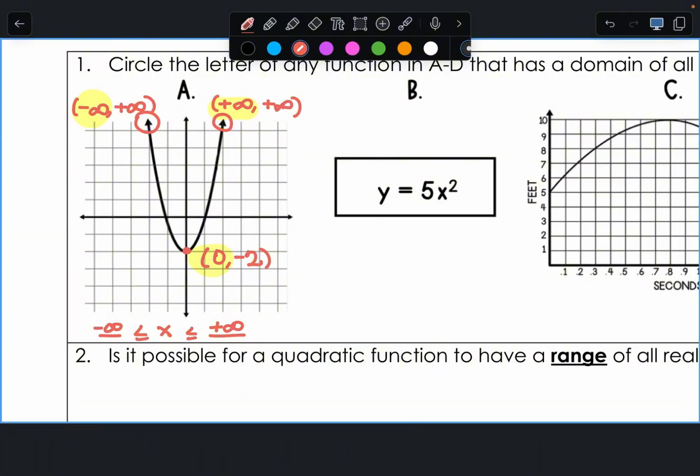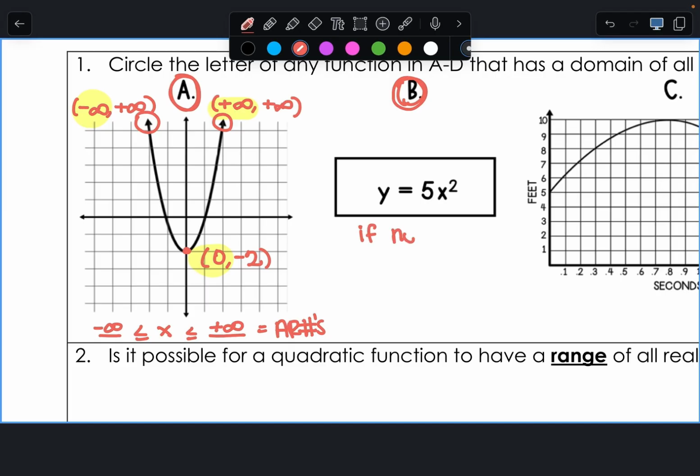You can write AR numbers, I don't care. So A is all real numbers. B is an equation. There is no context to this equation, meaning there's no story behind it. So when it's just a regular equation, all real numbers.